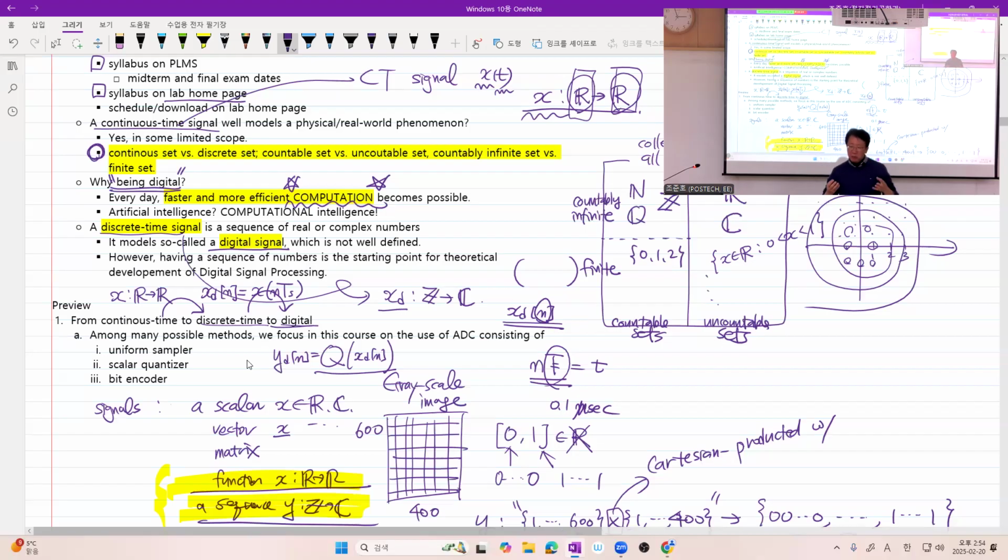So we can compute many things in a fraction of time, a millionth of a second, with very small energy. That enabled what? Every day, faster and more efficient computation becomes possible, and that makes computational intelligence very practical now.